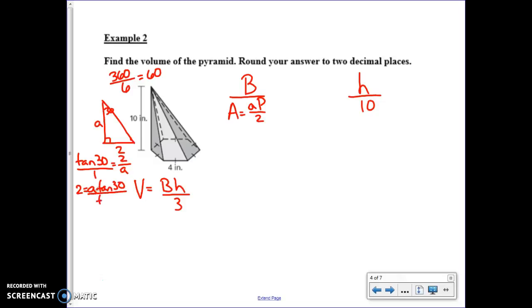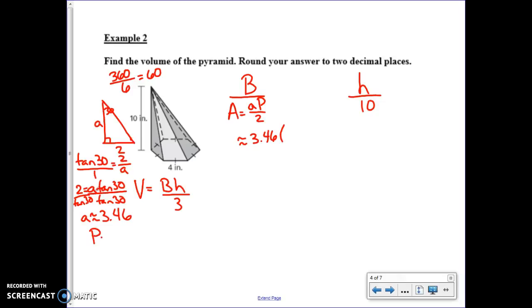I'm going to divide by the tangent of 30. So A is approximately 2 divided by the tangent of 30. Gives us 3.46. So the apothem is 3.46.